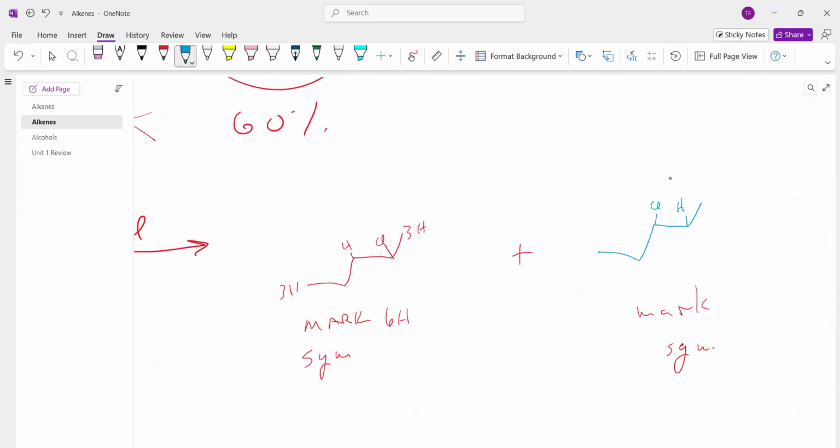Okay, so we've got 3 hydrogens, 3 hydrogens. So they're both 6 hydrogens. So Markovnikov doesn't tell us which is more stable. Symmetry, which is more symmetrical, left or right?